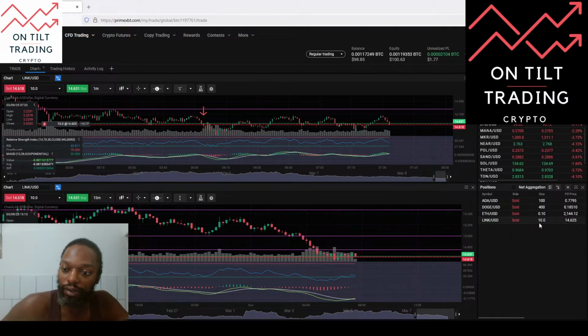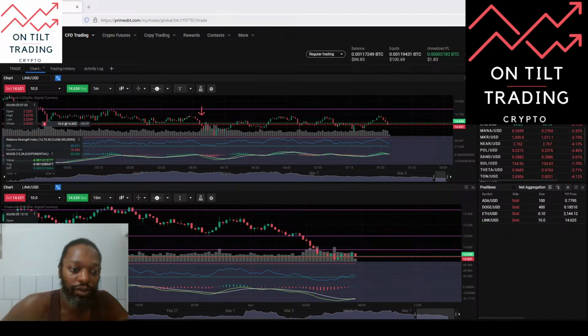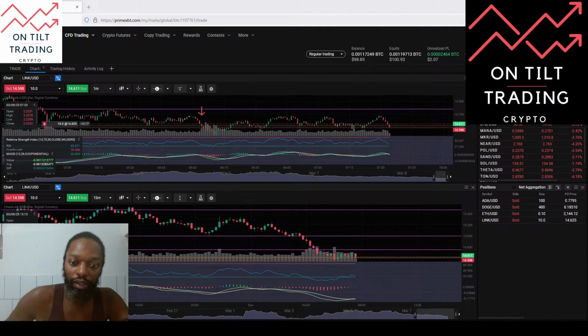So same thing, we can see it made the traverse here from R3 to S3, sold off below S4, oversold conditions, momentum, separation, and the MACD and the average, everything looking good for a trade here.